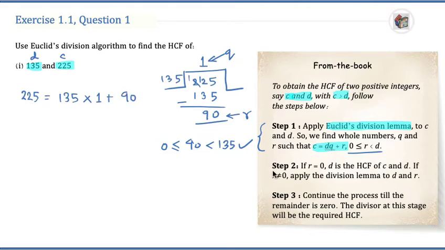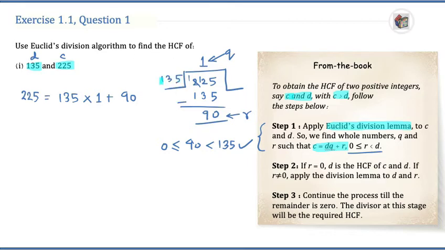Let's read on. Next it says, step 2. If R is 0 at this stage, if the remainder is 0, then D is the HCF. D means the divisor at this stage itself will become the HCF. But if R is not 0, then we apply the division lemma one more time to D and R. What are D and R for me?